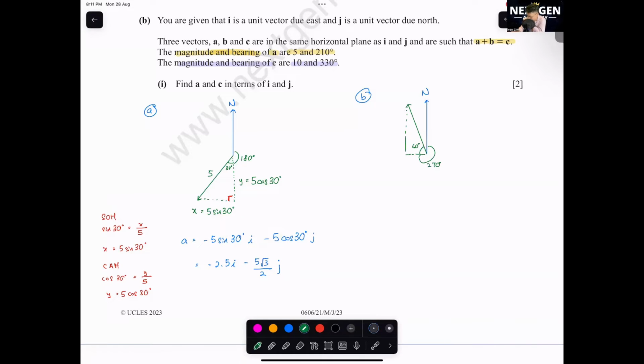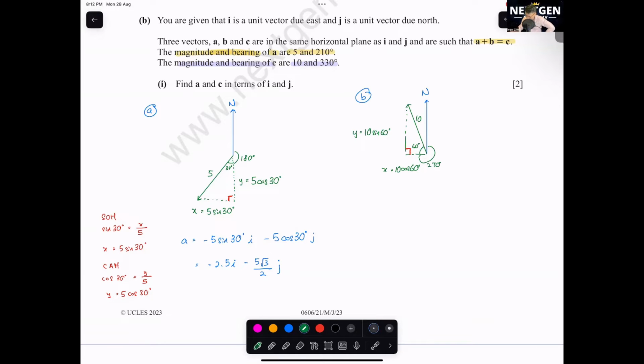We need to break it down to a right angle triangle. So this is my y direction, here's my x. My x will be 10 cos 60 degrees here, and my y, because it's at the opposite side of the angle, will be 10 sine 60 degrees, because the magnitude is 10.